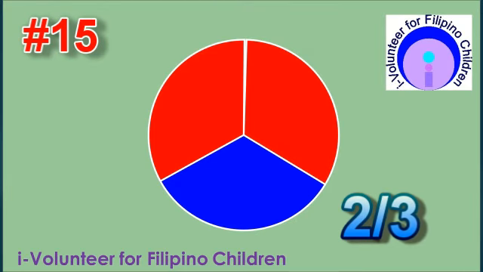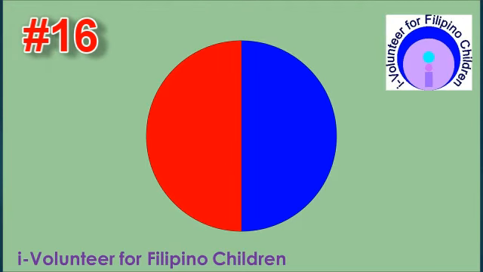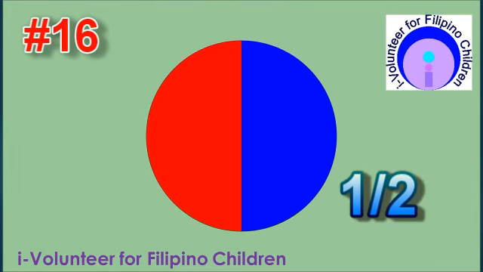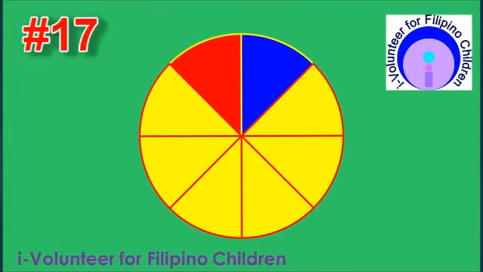The answer is. Number 16. How do you write the reds in a fraction? The answer is. Number 17. How do you write the yellows in a fraction?